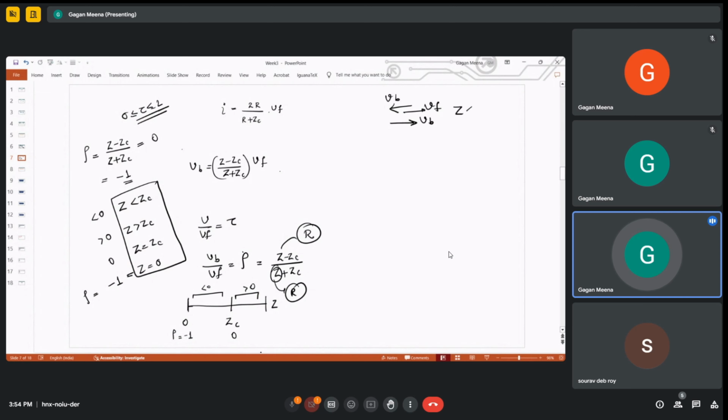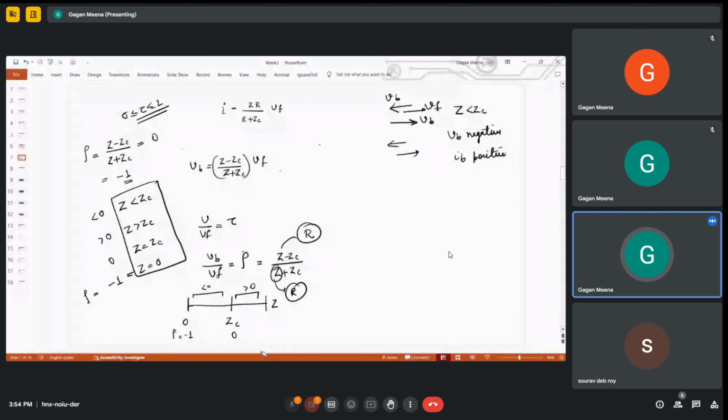So when Z is less than ZC, what will happen to the voltage? V backward, which we have assumed like this, will become opposite and negative. And IB will become positive, because we know that IB is always minus VB by ZC. So if VB becomes negative, then IB becomes positive.